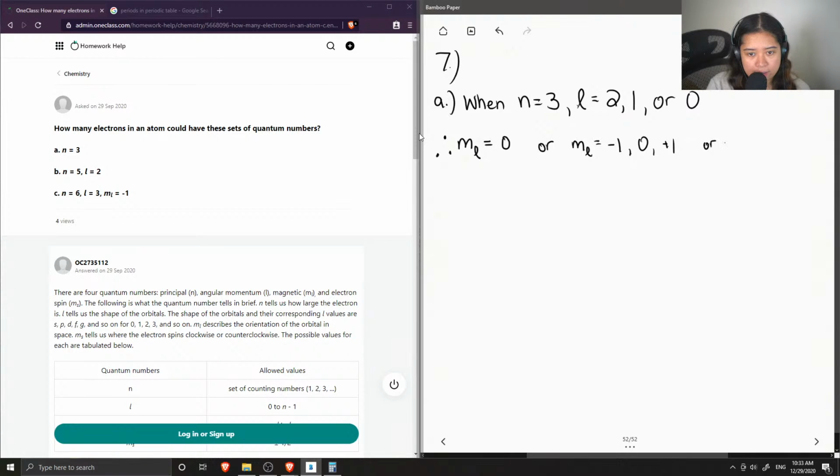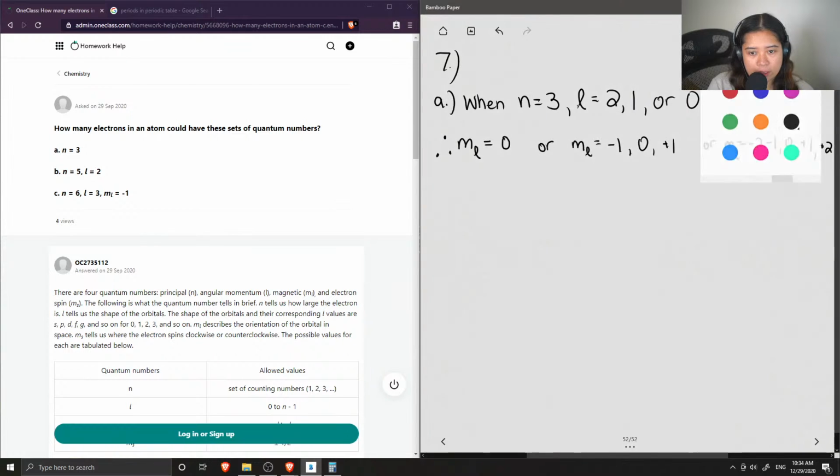And lastly, our ML value can be equal to -2, -1, 0, +1, and +2. So just depending on our L value, these are the possible angular momentum values.